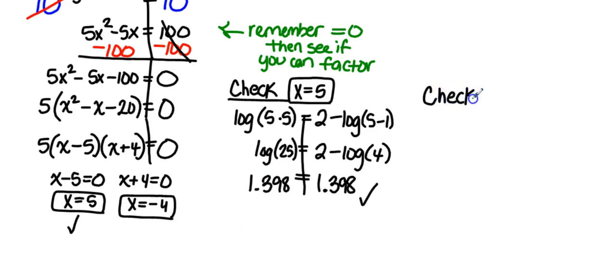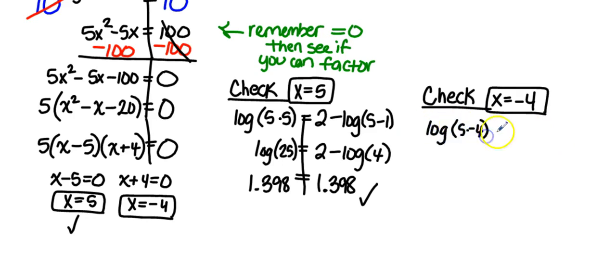Now let's check x equals -4. That will be log of 5 times -4. Careful, like for me just now, that multiplication sign and the negative kind of scrunched, so be careful. 5 times -4 equals 2 minus log of -4 minus 1.